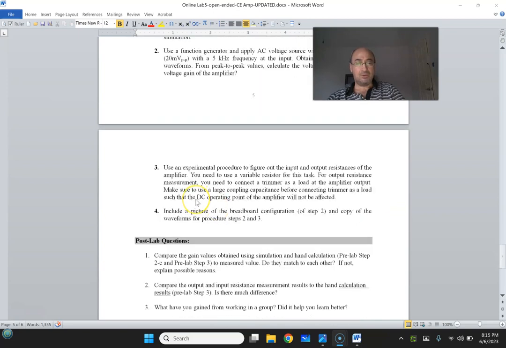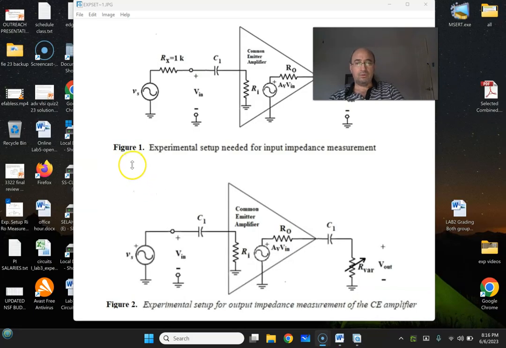And then you need to, on part 3, find an experimental procedure to determine input resistance and output resistance. One idea is to use this arrangement to determine the input resistance experimentally. So here is your amplifier shown in this triangle. What you're applying is an AC source with a 1K or a moderate resistance.